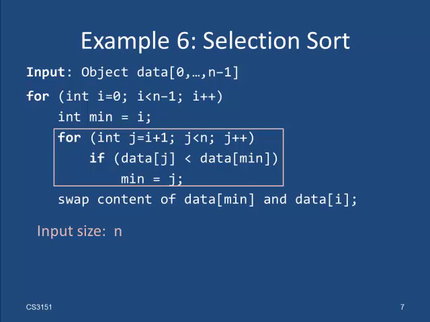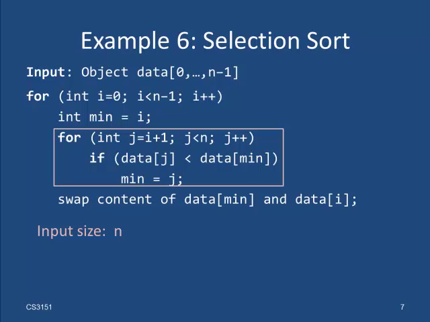Next time i is 1 and j is initialized to be 2. So the if statement is executed n-2 times. Then i is 2 and j is set initially to 3 and the if statement is executed n-3 times, and so on. Let's assume the if statement requires one computational step.